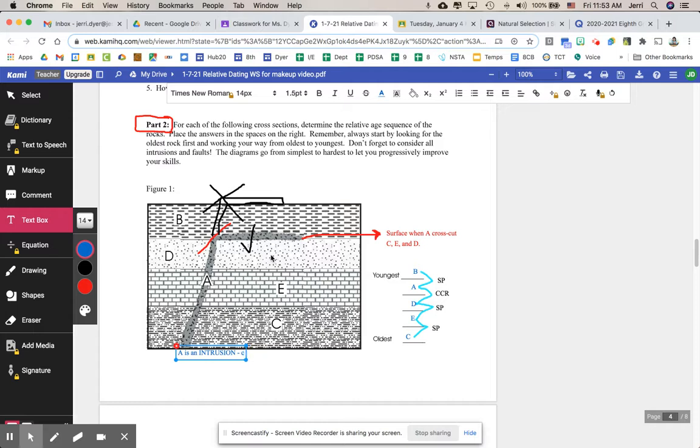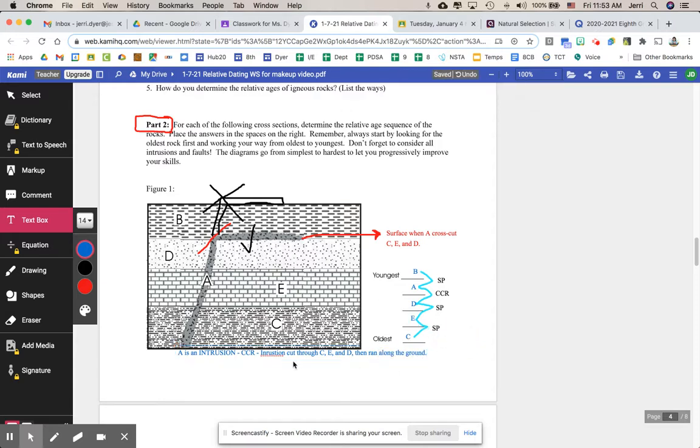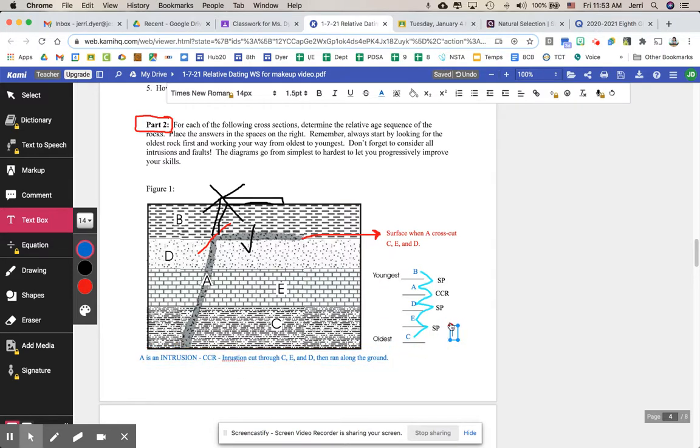That's going to be cross-cutting relations. The intrusion cut through C, E, and D, then ran along the ground. So that's the information that I gave you earlier on, but I gave it to the class yesterday also in a note, just so that you can see it.